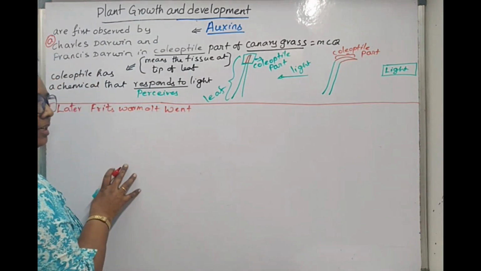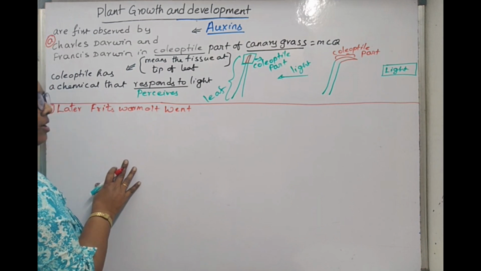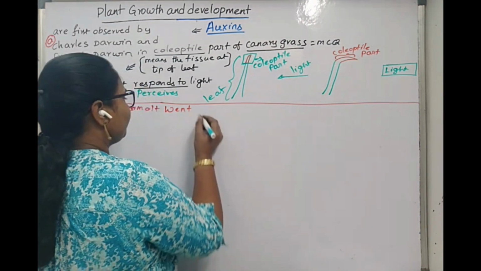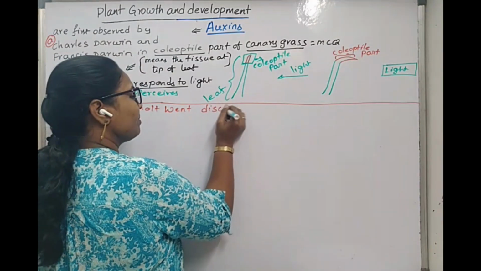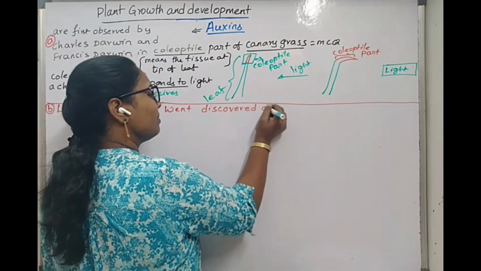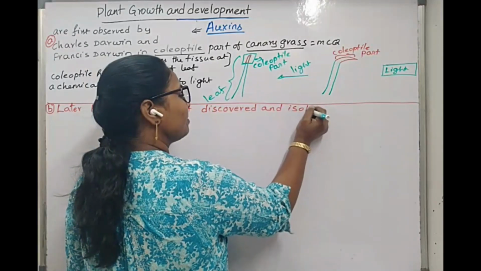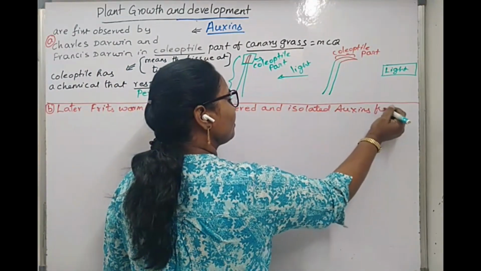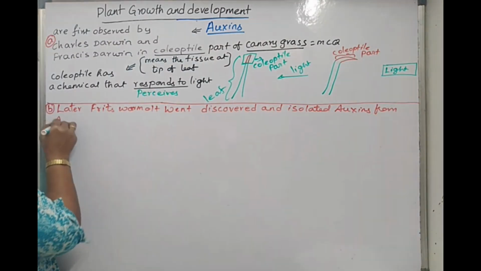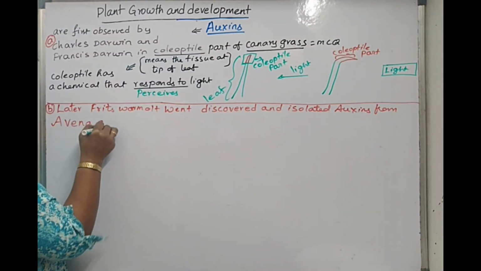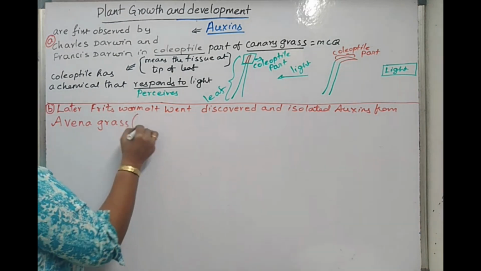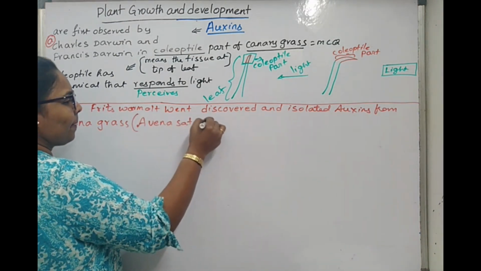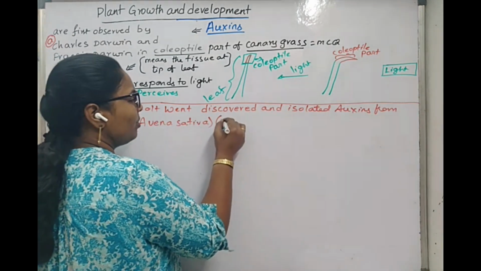He first discovered and isolated auxin hormones from Avena sativa, which is also called the oats plant. Botanical name is Avena sativa, common name is oats plant.